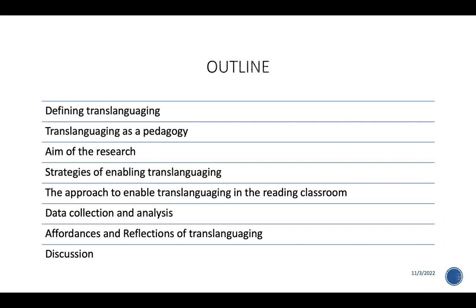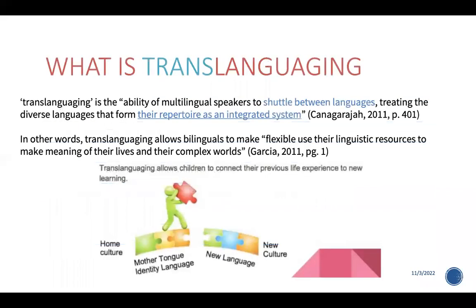I'll briefly go over the data collection, the analysis, and then I just wanted to focus on the affordances and the reflections of translanguaging.